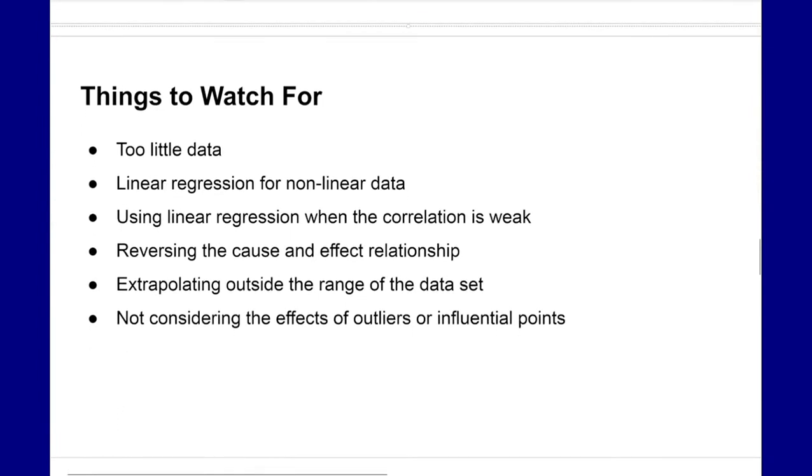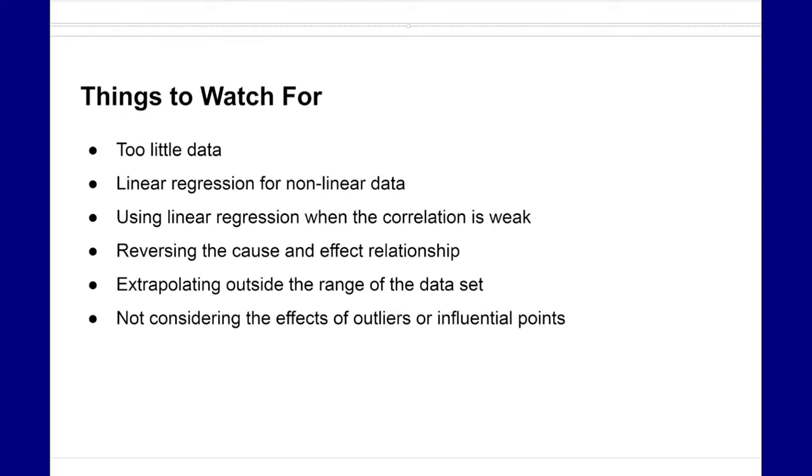Some things to watch out for when we're looking at correlations, or trying to analyze data as well. Aside from the cause and effect and causation, we want to make sure: do we have too little data? Do we have a linear regression for nonlinear data? Are we using a linear regression when the correlation is weak?